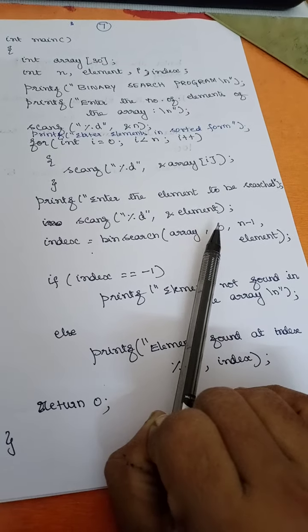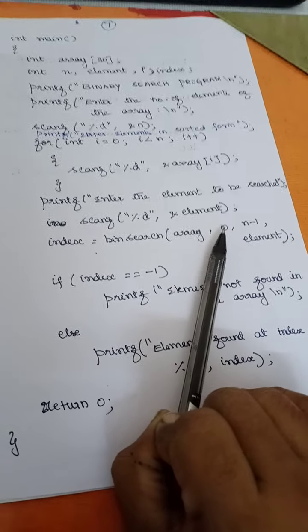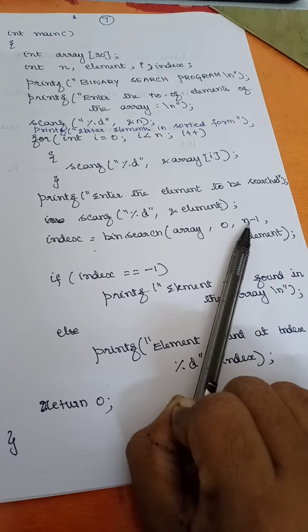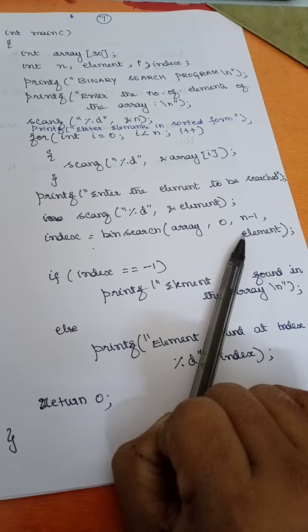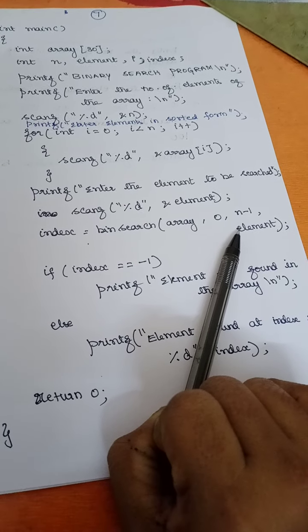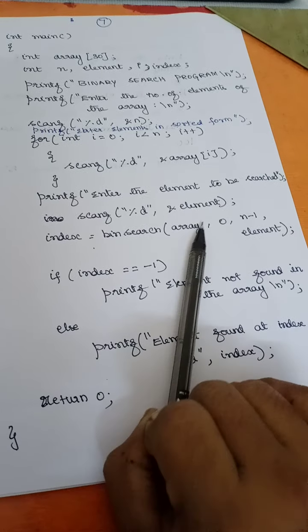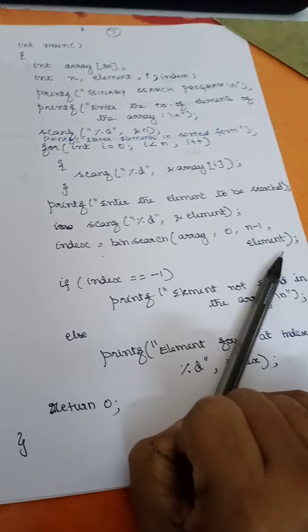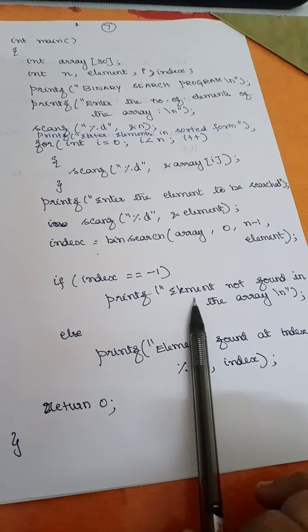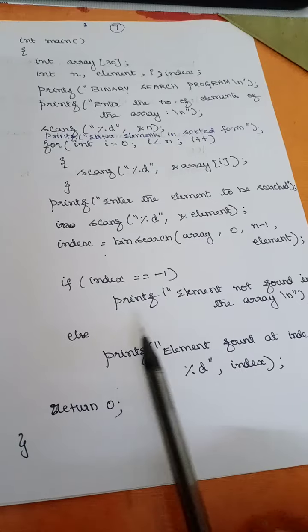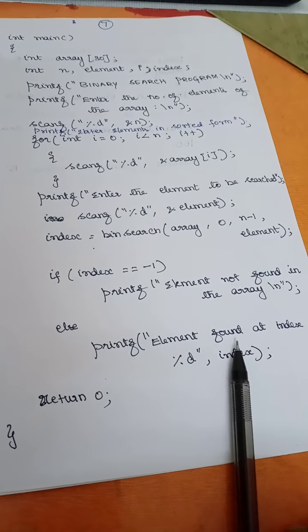Generally you will pass the array and the size, but in this program I need to pass all these parameters. Now if index is equal to -1, then you will say element not found. Else you will print the location where that particular value is present, right?